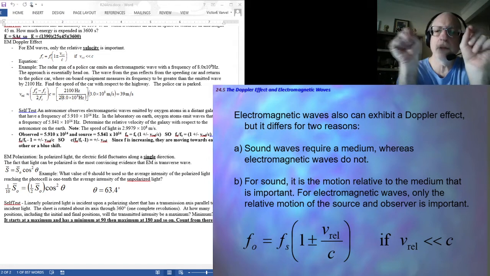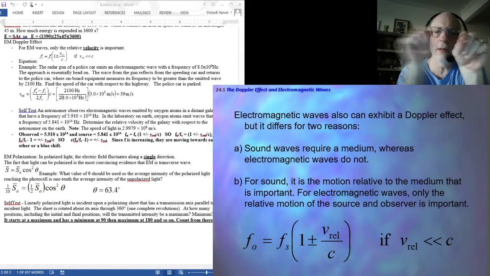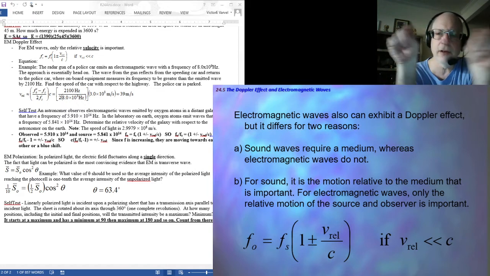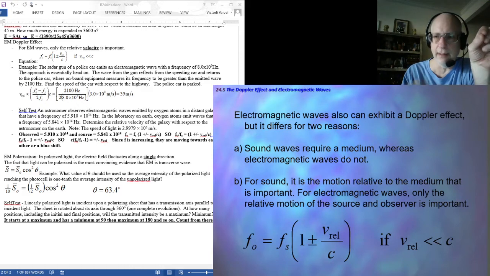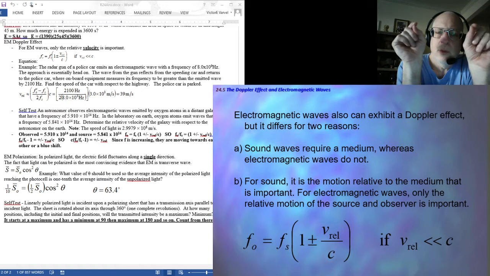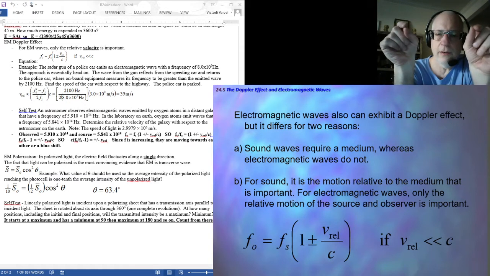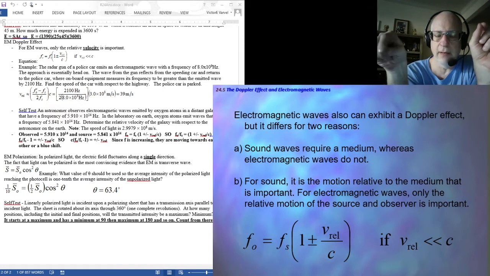So only the movement of the source and the observer relative to each other matters, not their movement relative to some other object like the Earth or the air. So only one relative velocity matters in most cases, and that's v-rel, relative velocity.